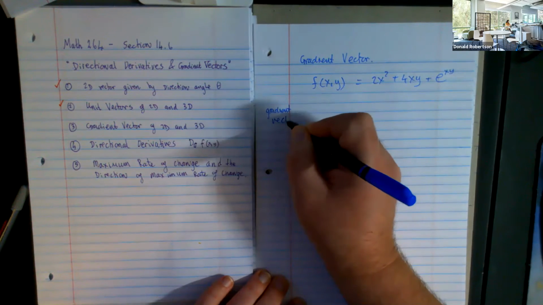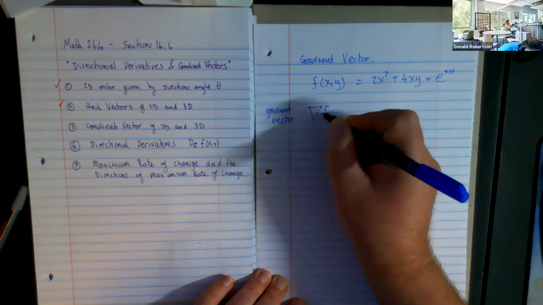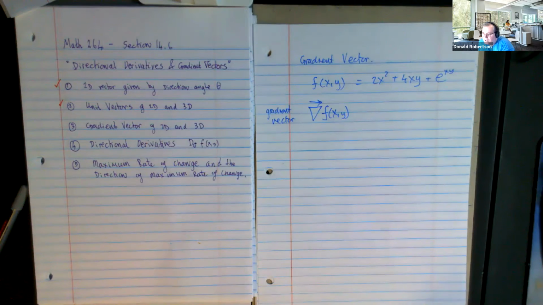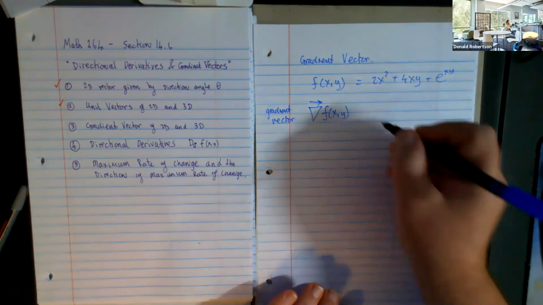The gradient vector is written down typically with that notation, an upside down triangle with an arrow. The arrow is indicating that this is a vector.